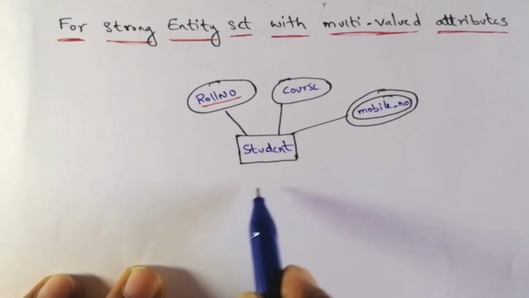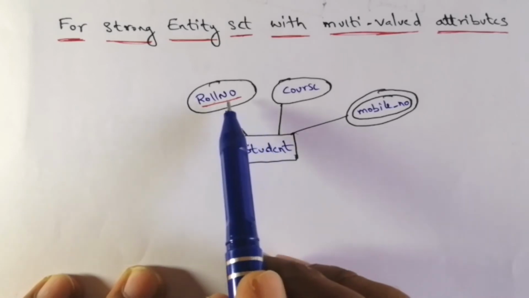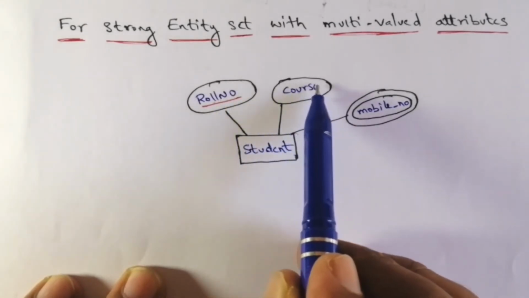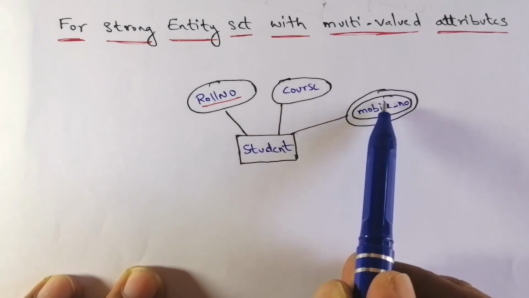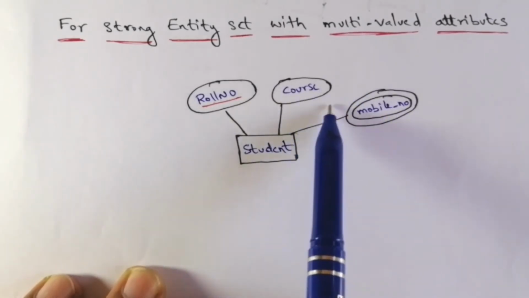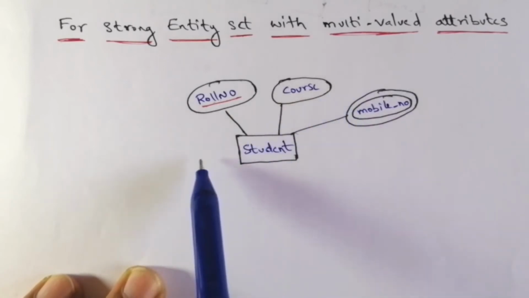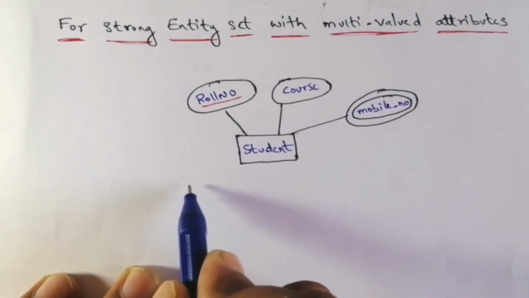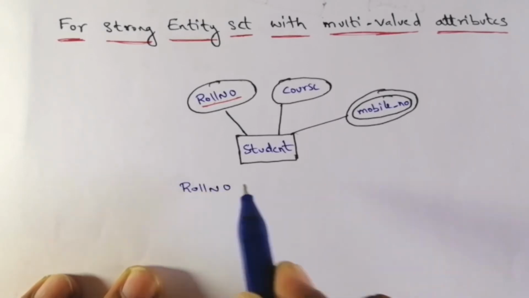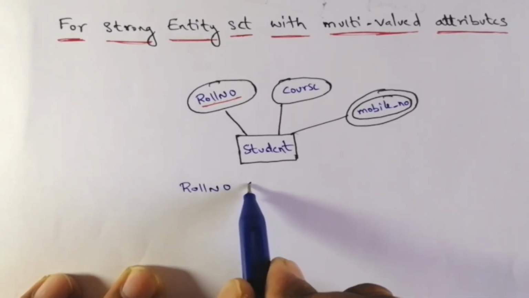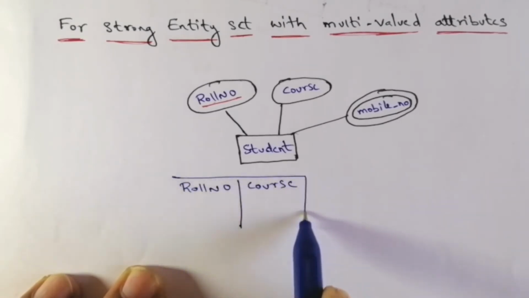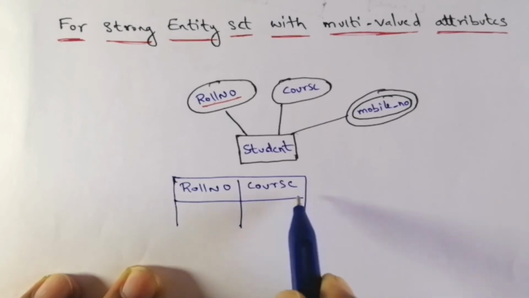In one relation, we are going to have the primary key and the rest of the attributes other than the multi-valued one. Other than the multi-valued attribute, we have course. Suppose there is another attribute, we can take that also in this relation. So in one relation we take roll number and course.